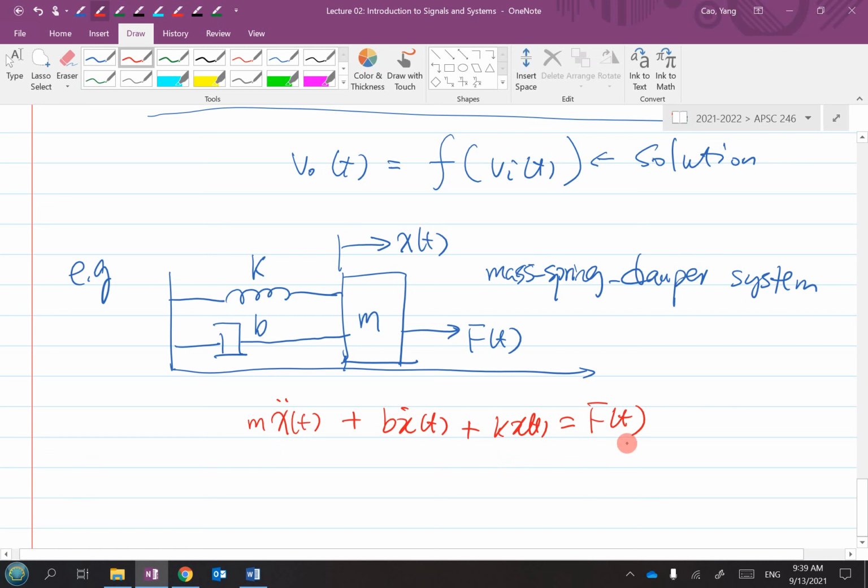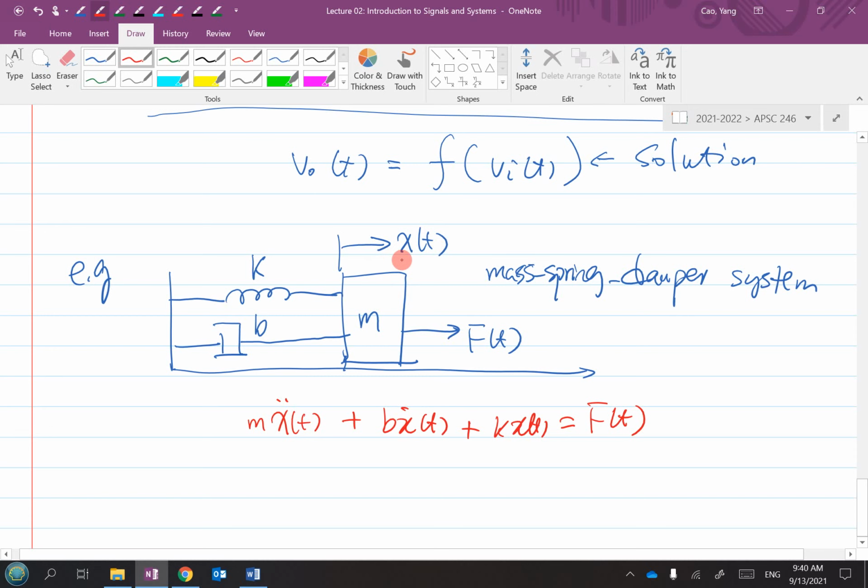So maybe I'll ask you the first question, a simple question. I think I already said it. What is the input to the system? The force, f of t. What is the output of the system? Yes, right? So for this simple system, you're not going to have a very complicated system.